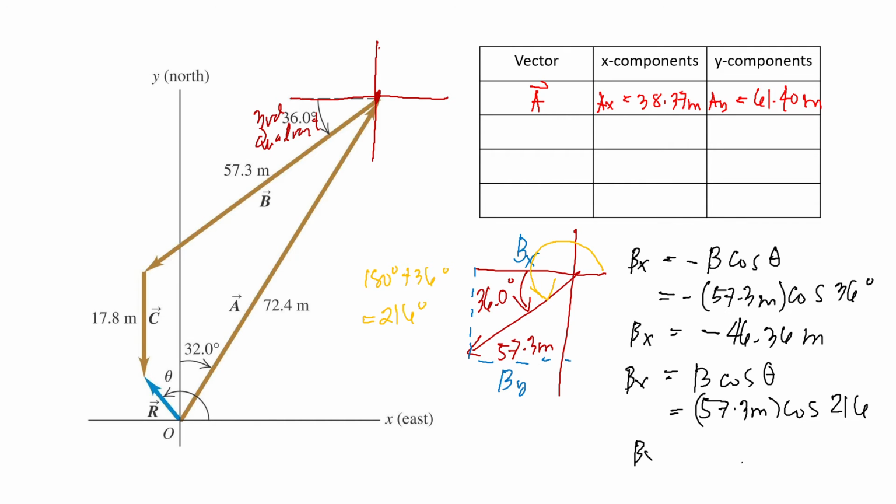Your bx, 57.3 cosine 216, will give you an answer of negative 46.36 meters. So you do not have to worry if you got the wrong sign for your component, because your 216 degrees angle will already give you that negative component of your bx.